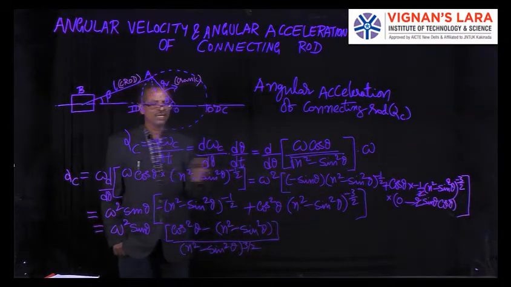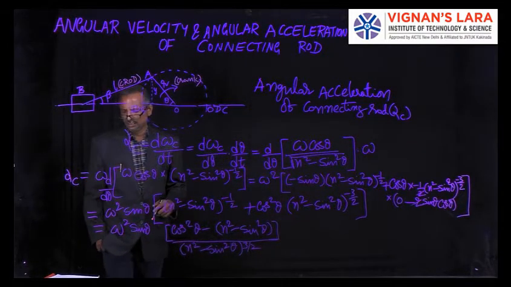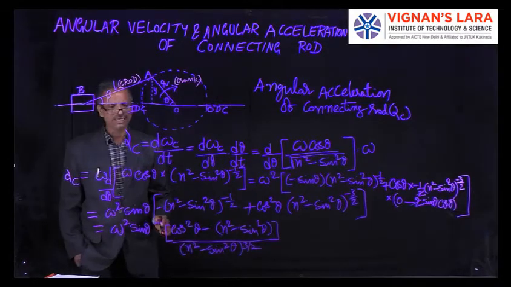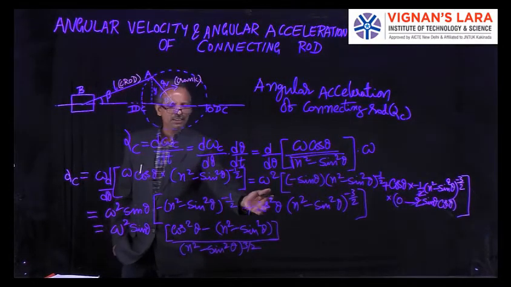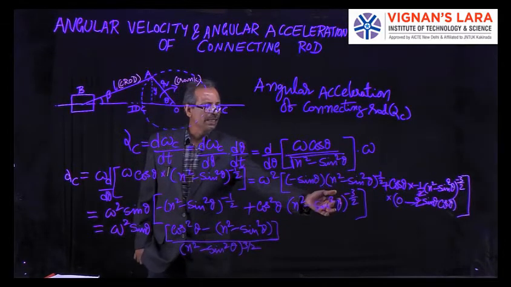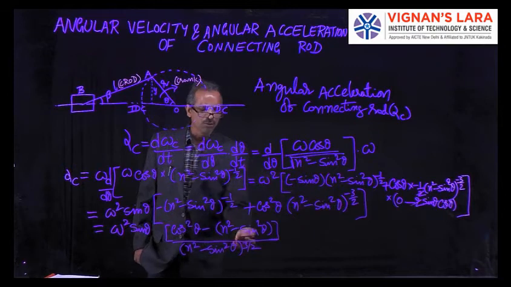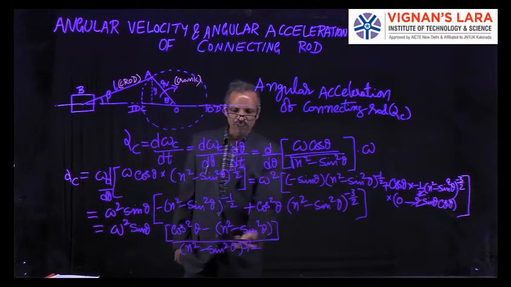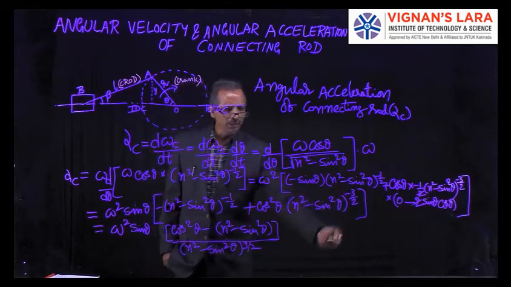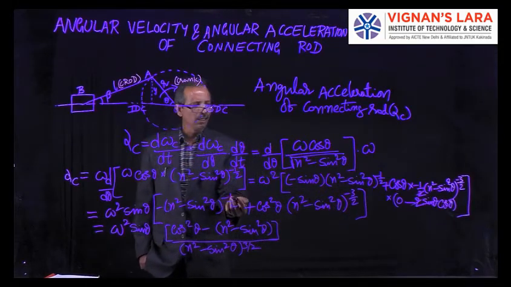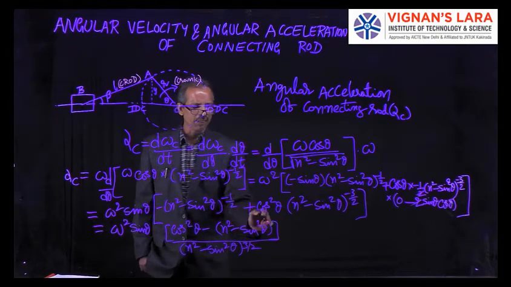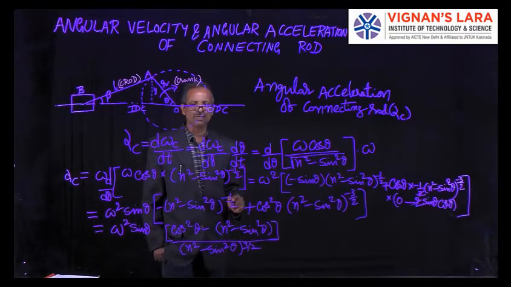So I have rearranged this like omega square sin theta, that is as it is I kept, then cos square theta, this cos square theta, and I have taken this n square minus sin square theta to the power of 3 by 2 into the denominator, which becomes positive. Then here minus 1 by 2, then plus 1, that becomes n square minus sin square theta.